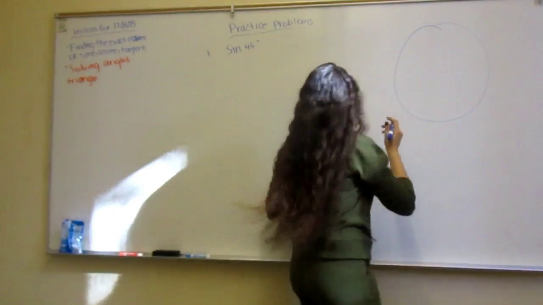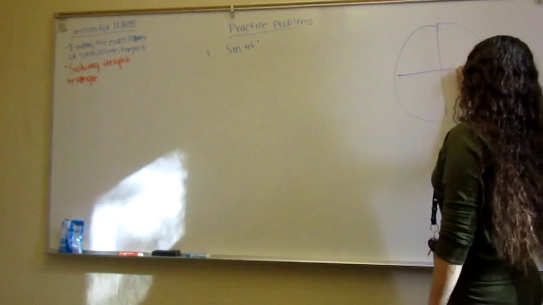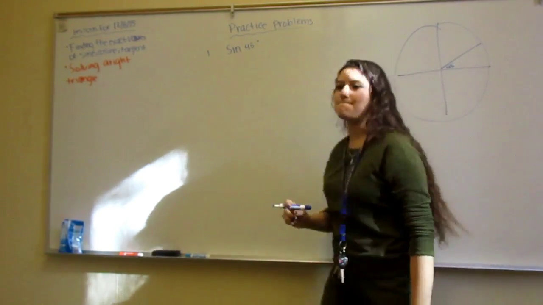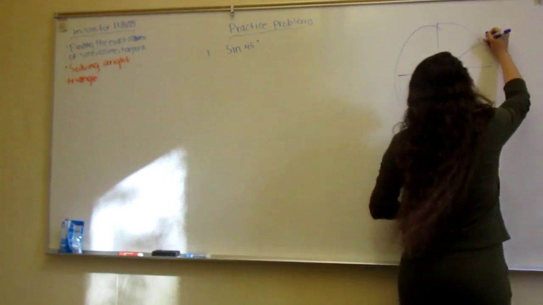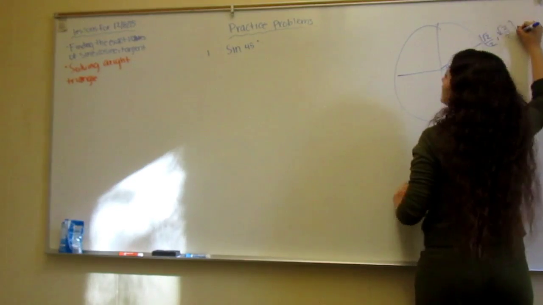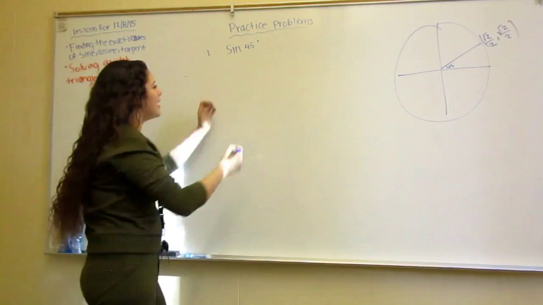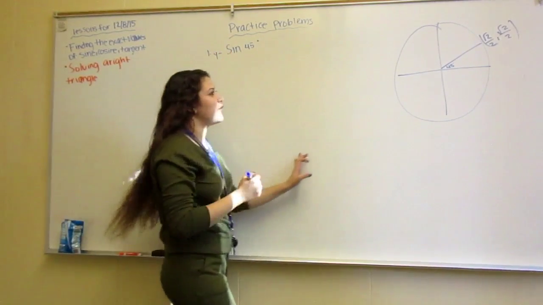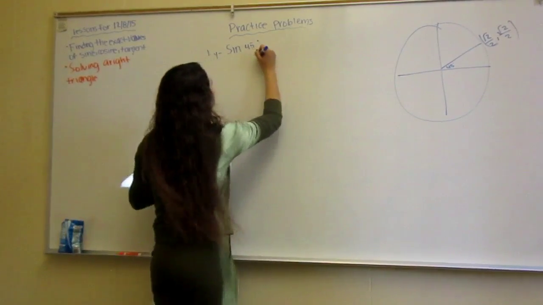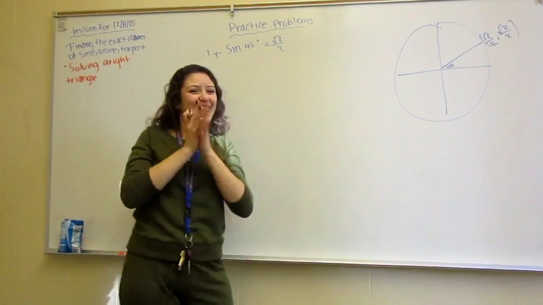Where's the 45 degrees at? First quadrant. What are the endpoints? Root 2 over 2, root 2 over 2. Is sine your y or your x? It's the y. So what would be the exact value of sine 45? Root 2 over 2. Yay!